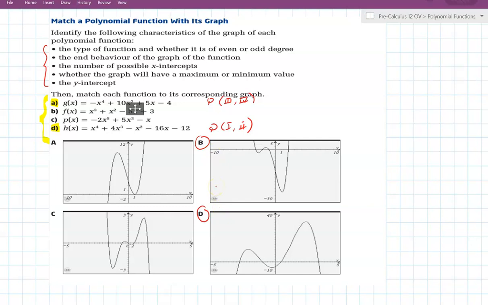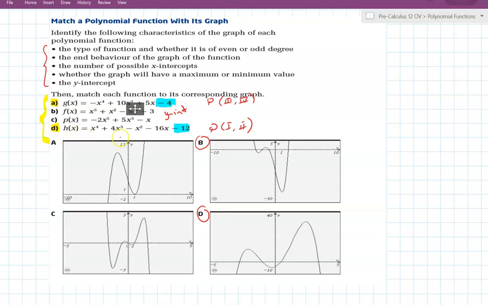Notice that B is in the end behavior quadrant 1 and quadrant 2. We also can see the y-intercept, which is this constant value here. Remember, the constant term is always your y-intercept. These are your y-intercepts, right there, always.